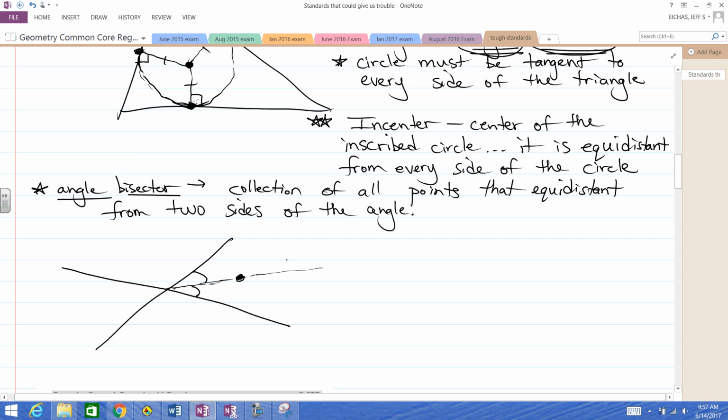So any location on this angle bisector, we can locate the house. It's equidistant from both sides. So this would be the angle bisector, and that's how it would work. Whatever that distance is, it's the same from both roads. So that's the type of problem we might face.